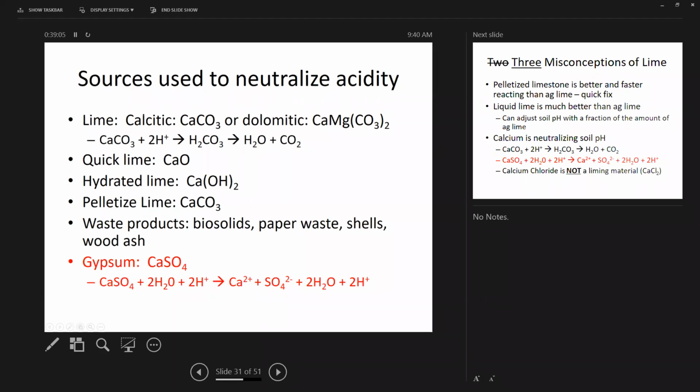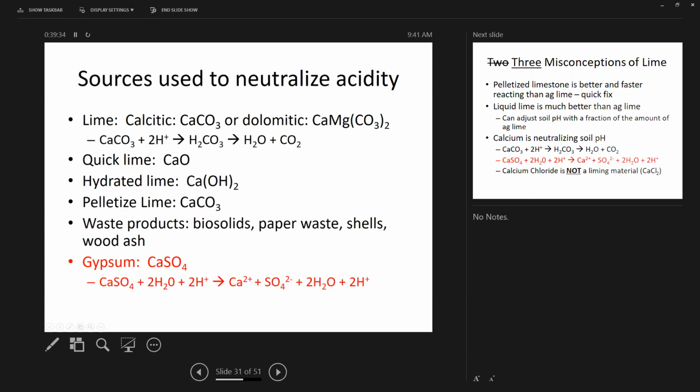But either way, the reaction is this carbonate, calcium or calcium magnesium carbonate, plus the hydrogen. Here's your acidity. Again, it's going to form this carbonic acid, dissociate to form water and CO2. Your CO2 is going to go up. So we consume this hydrogen. It was contained in water. It's out of solution. So now we increase the soil pH.